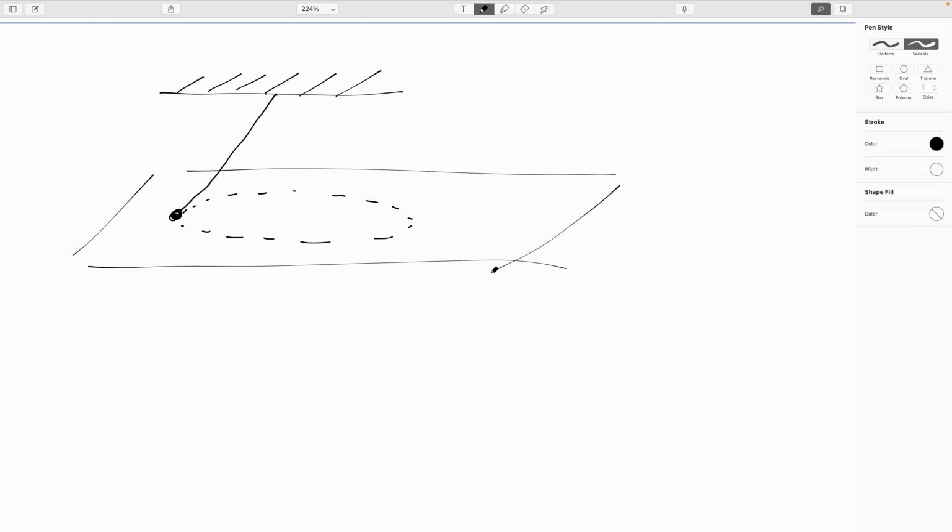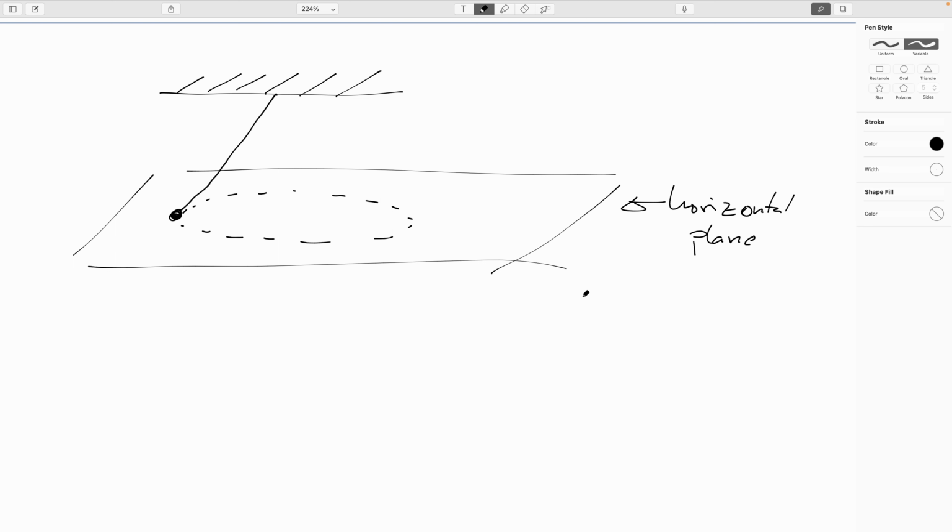So I'm just going to draw a plane here, label it, this is the horizontal plane. So if you're familiar with a tether ball, this would be an example of a tether ball here.